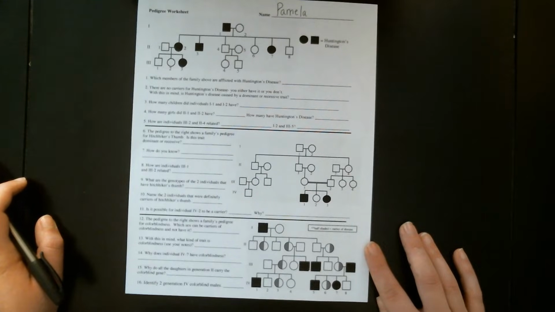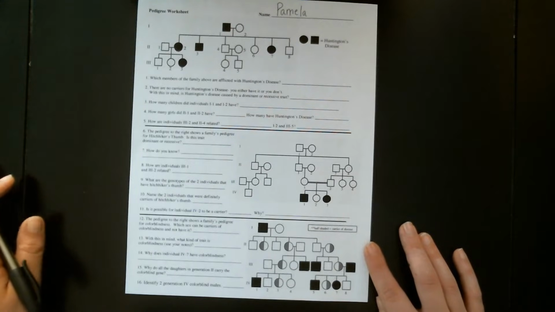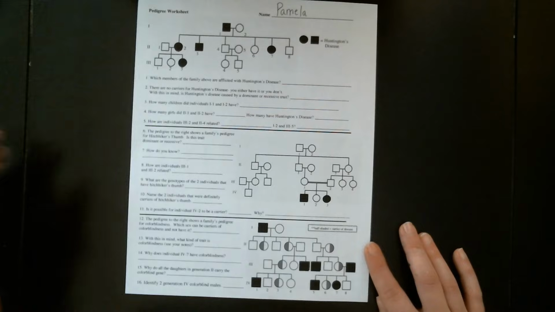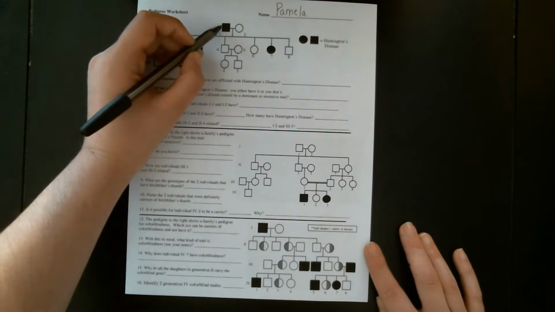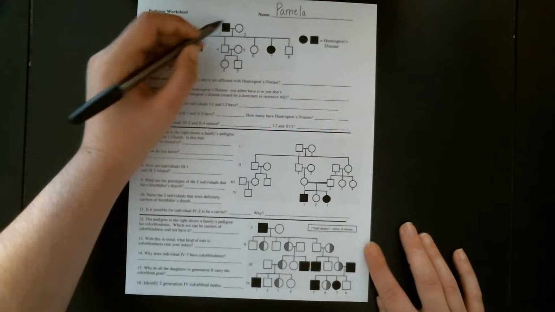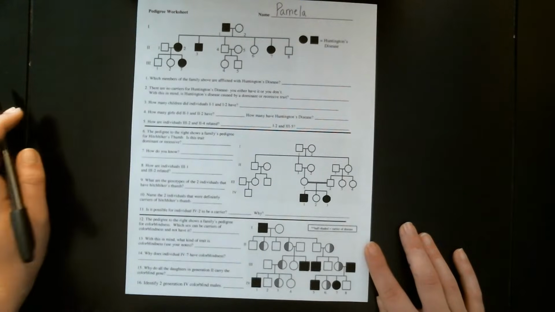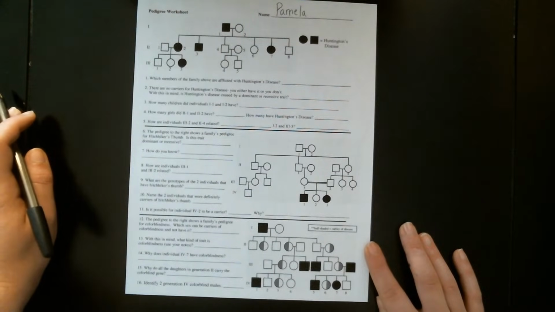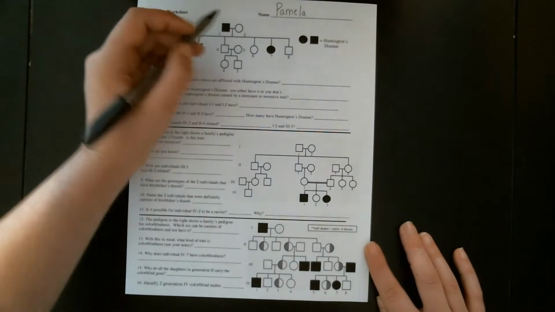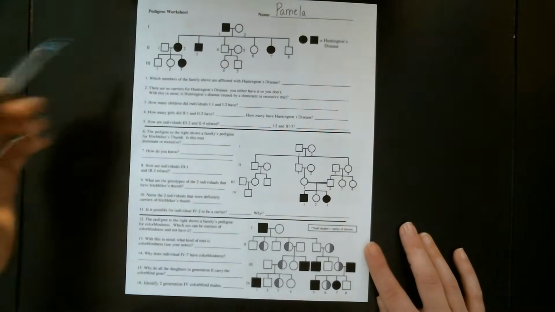So this is something that is dealt with a lot in genetic counseling, but that is what we are looking at today. And all of the squares in this pedigree correspond to males. So squares are males and circles are females.